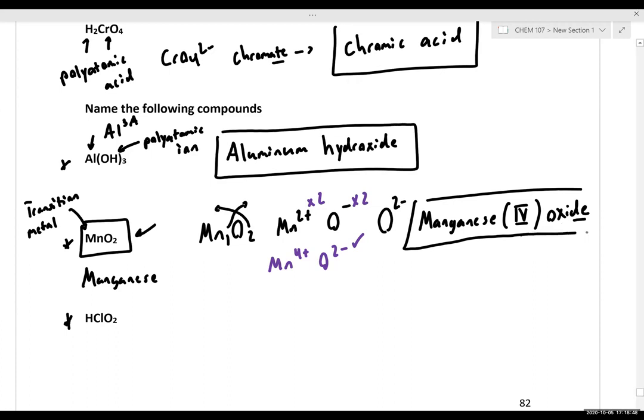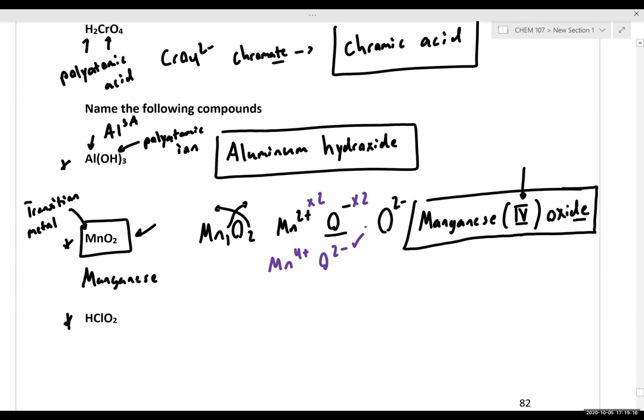Does this example make sense to everyone? Any questions on this example? Yes, Professor. When it's a transition metal, is that when we multiply only at that time or no? So the transition metal simply denotes that we have to specify the charge with a Roman numeral. The reason why we multiply is when we reverse cross our charges, we get a charge of -1 for oxygen.